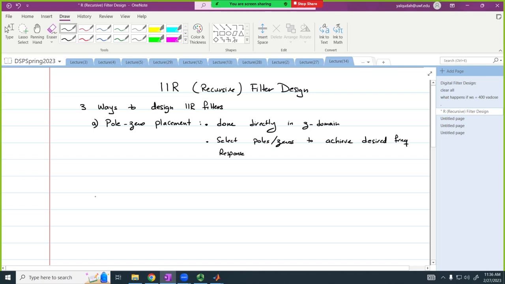Now this method has advantages, which is that it is a simple approach. So the advantage is simplicity and we can use a graphical approach to design it.